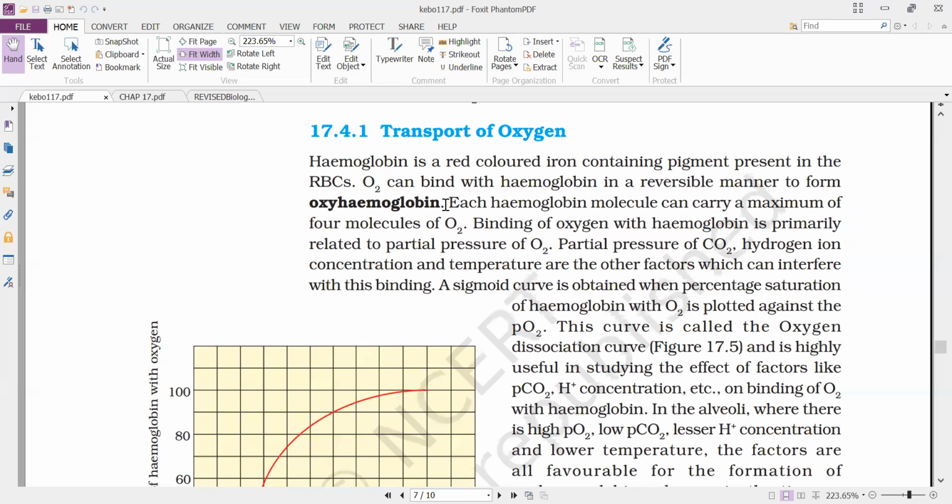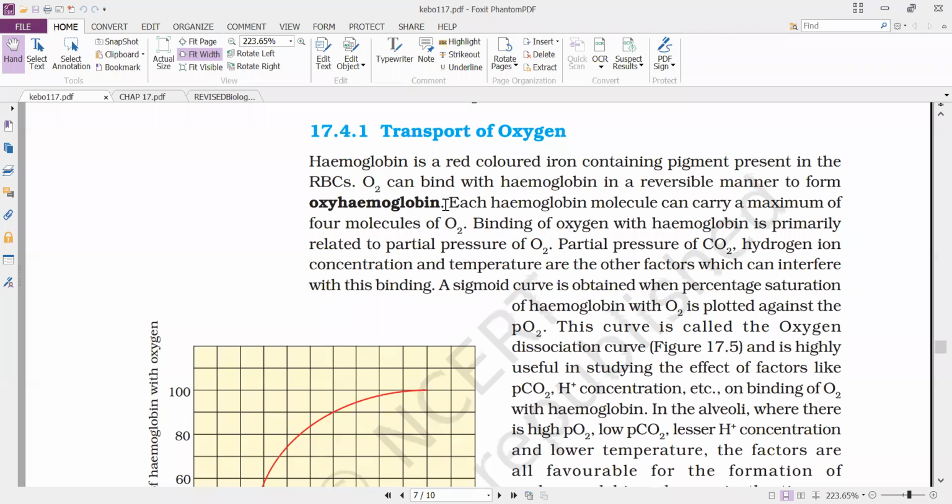These interfere with the binding because hemoglobin has more affinity towards carbon dioxide than oxygen. For example, if the partial pressure of oxygen and the partial pressure of carbon dioxide are the same, the hemoglobin, instead of binding with oxygen, will bind with carbon dioxide. That means the affinity of hemoglobin to carbon dioxide is more. That's why only when there is a higher partial pressure of oxygen can the oxygen bind with hemoglobin.